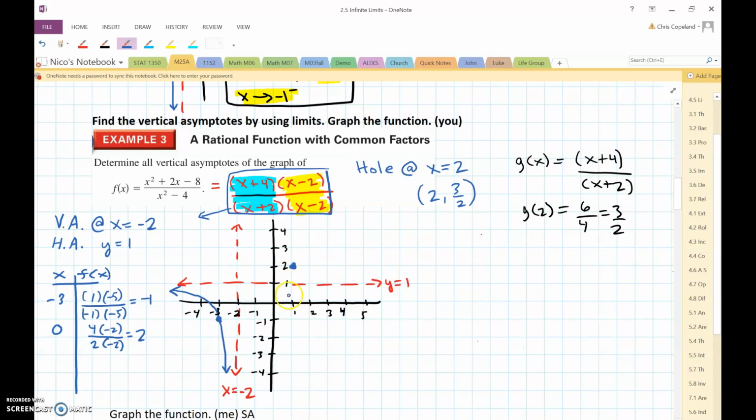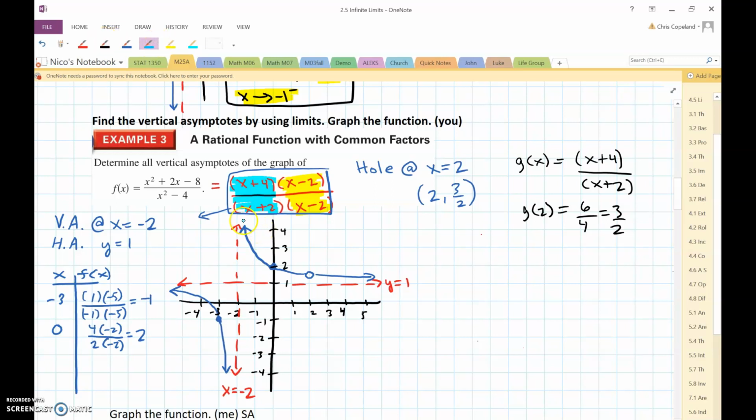Also, remember at (2, 3/2), which was right here, that's going to be your hole. So this part of the graph is going to look like that. Now we have this graph. Now we can use the graph to use one-sided limits to describe the vertical asymptote.